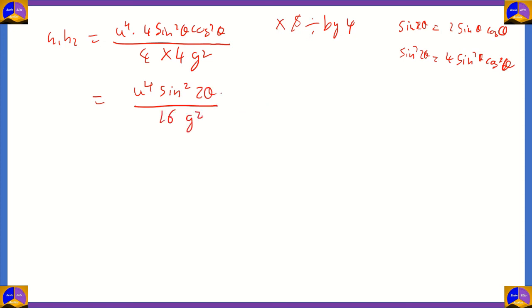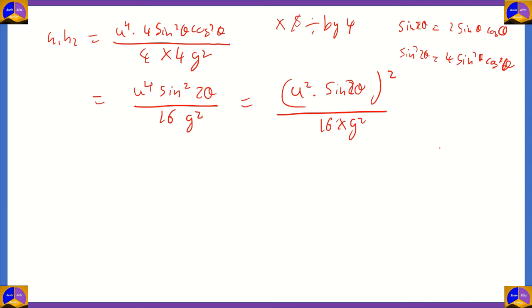And u raised to 4 sine square 2 theta can be written as u square times sine 2 theta the whole square, and you can also write 16 times g square.